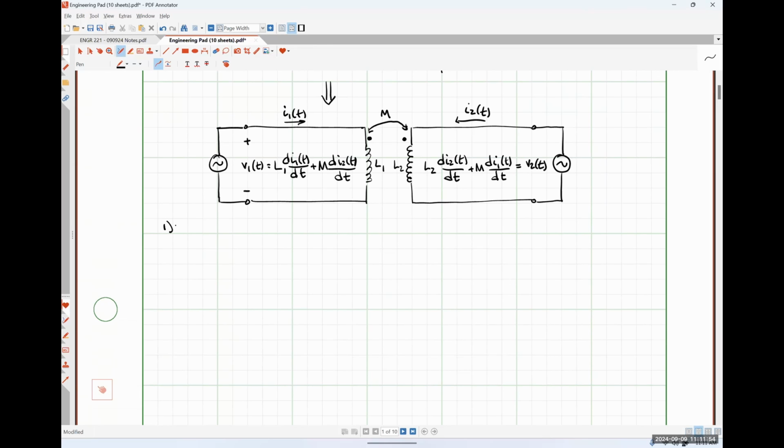The first thing that we're going to be looking at is the self-induced portion of V1.